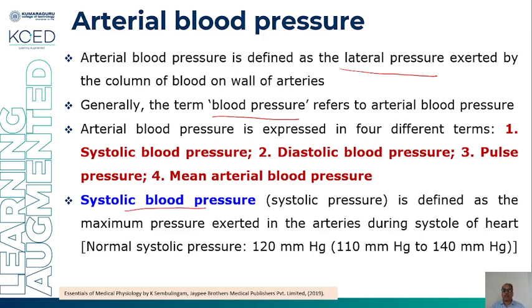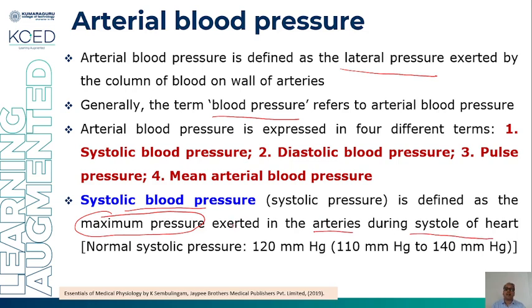What is systolic blood pressure? Systolic blood pressure means the maximum pressure. You can see it is the maximum pressure which is exerted in the arteries. Already in the early lectures, we have discussed the impact of aorta in recording very high blood pressure. So maximum pressure can be recorded in aorta and related large arteries. It is the maximum pressure exerted in the arteries during systole of the heart.